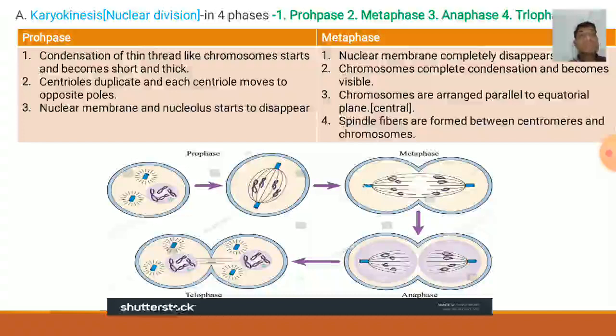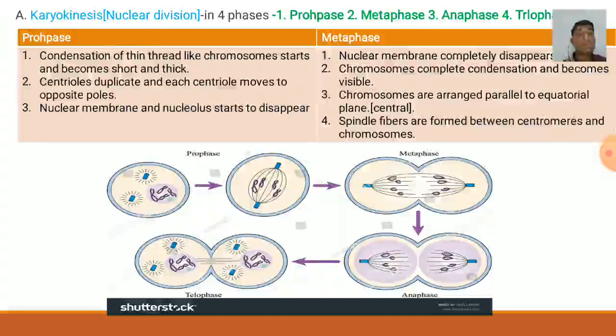The first phase is prophase, second is metaphase, third is anaphase, fourth is telophase. What happens in prophase? Condensation of thin thread-like chromosomes starts and they become short and thick. Second, centrioles duplicate and each centriole moves to the opposite pole. Third, nuclear membrane and nucleolus start to disappear.